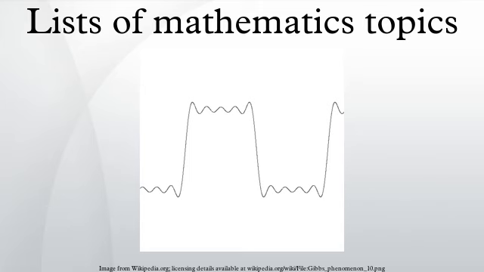Computing. The fields of mathematics and computing intersect both in computer science, the study of algorithms and data structures, and in scientific computing, the study of algorithmic methods for solving problems in mathematics, science and engineering.